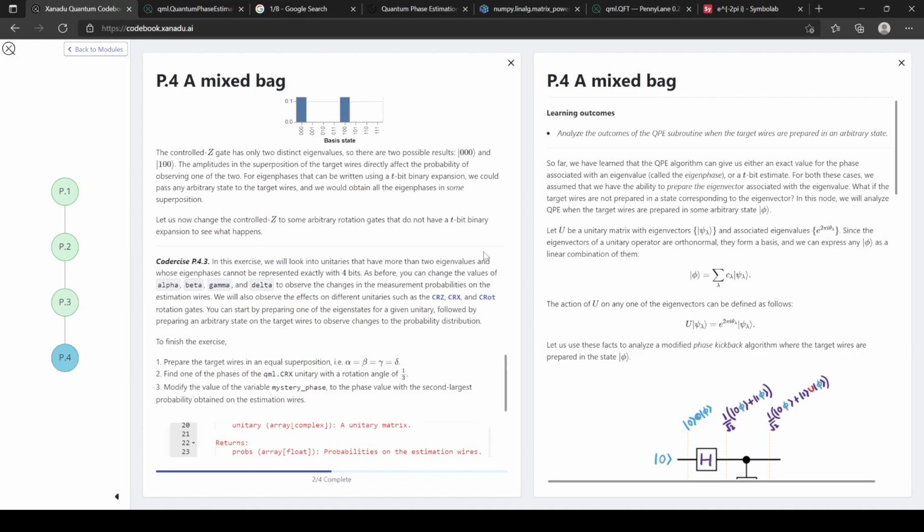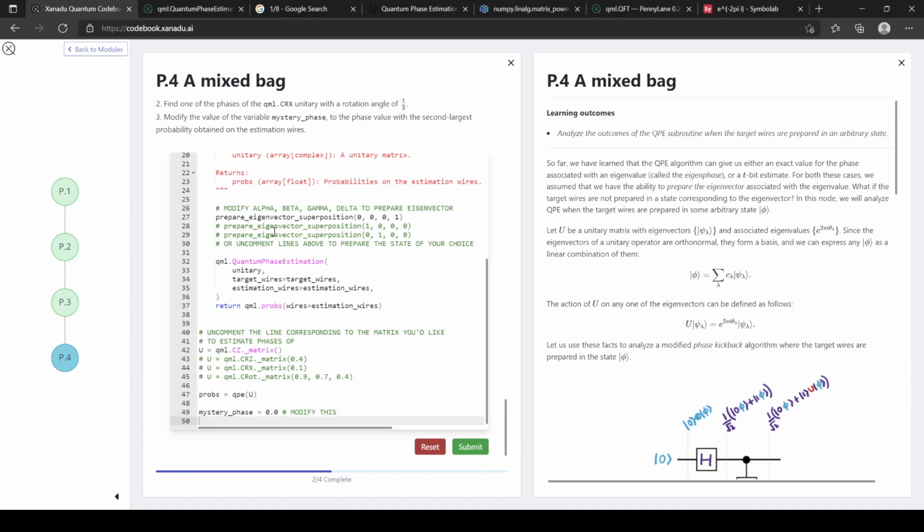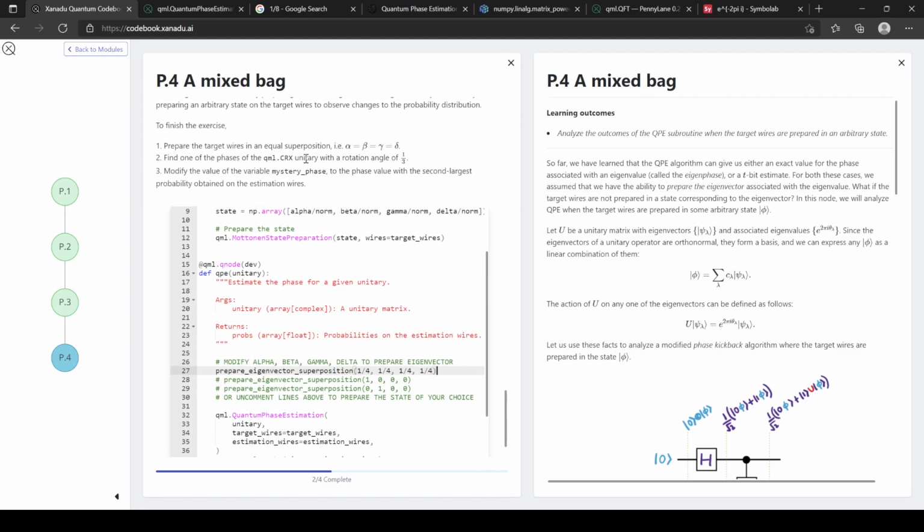Okay. In this exercise, we will look into unitaries that have more than 2 eigenvalues and eigenphases which cannot be represented with exactly 4 bits. Prepare the target wires with equal superposition. Okay. 1/4, 1/4, 1/4, and 1/4. Done.